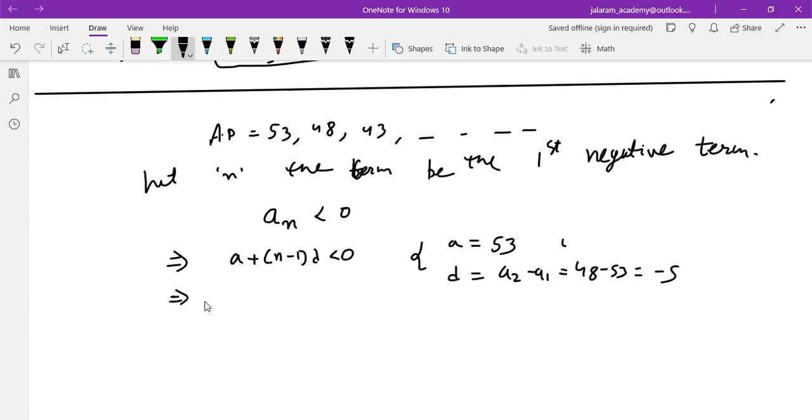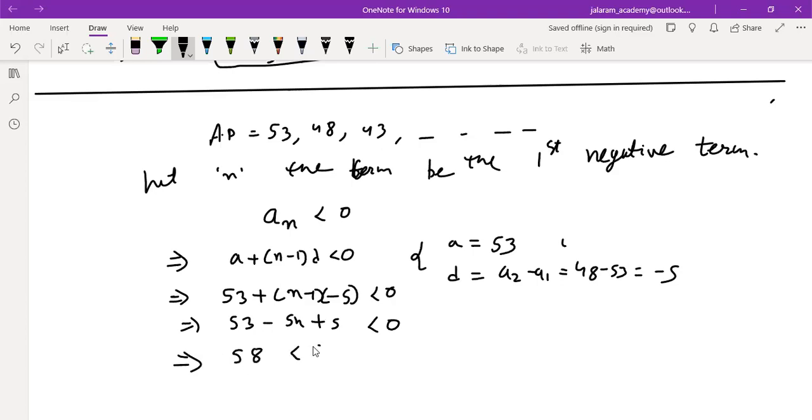Minus 5. It implies in place of A, 53 plus (n minus 1) into minus 5 is less than 0. Open the bracket: 53 minus 5n plus 5 is less than 0. It implies 53 plus 5, 58, is less than 5n. It implies 5n is greater than 58.